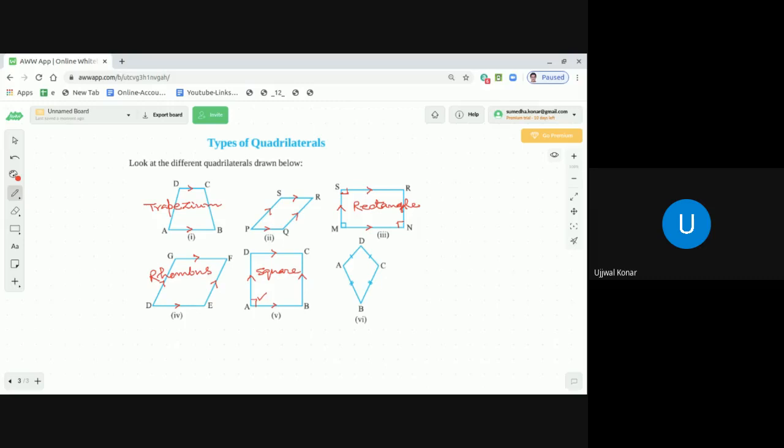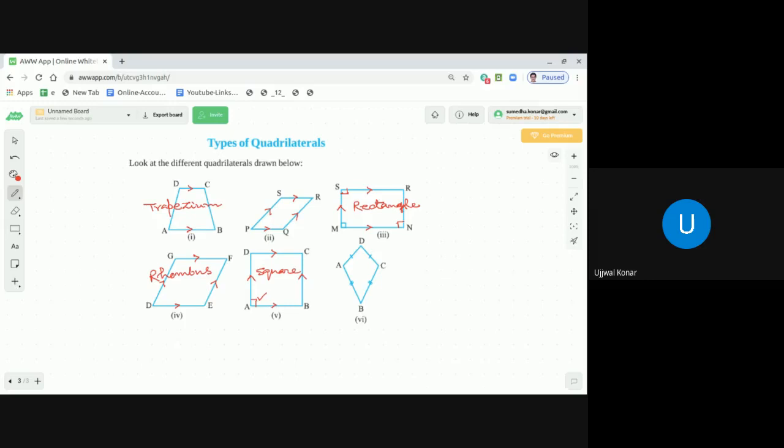So the simple way of defining this is that a square is a rectangle with sides of equal length. And every square is a rectangle and also a rhombus, but a rectangle or a rhombus is not necessarily a square.